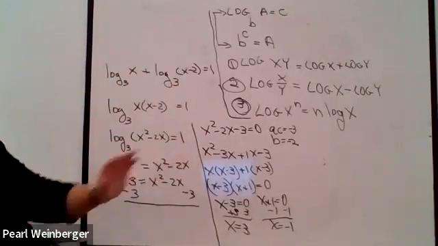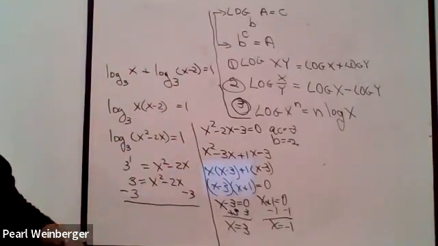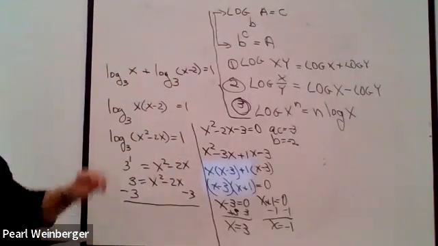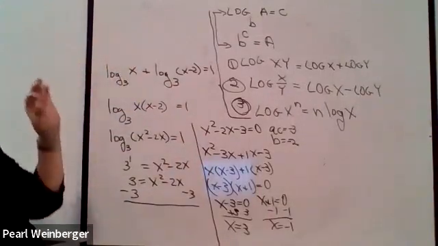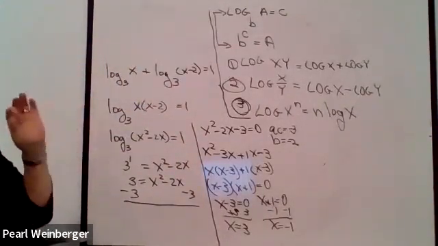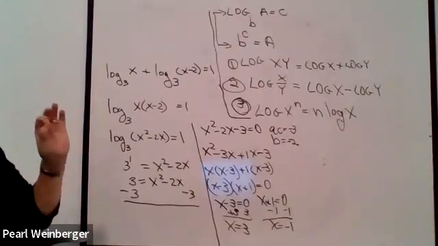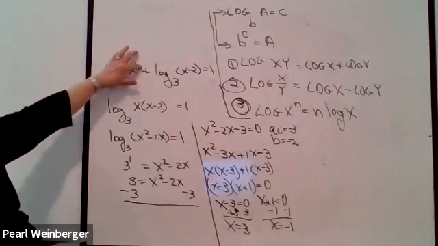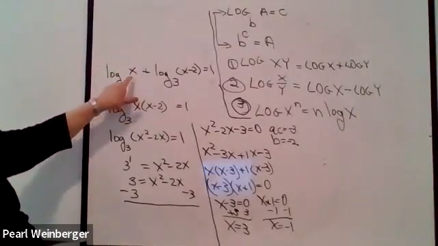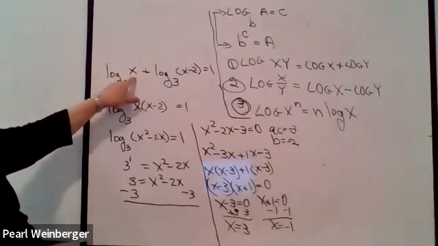I did everything correctly, but the answer doesn't work. And the reason you might get an extraneous root in a log equation is because you are never allowed to take the log of either a negative number or 0. In other words, the number that's right next to the word log always has to be positive.